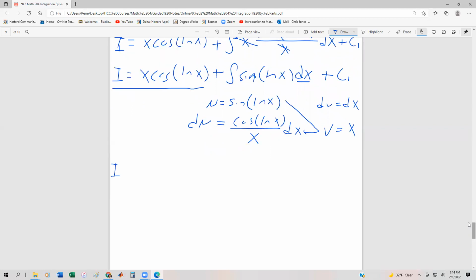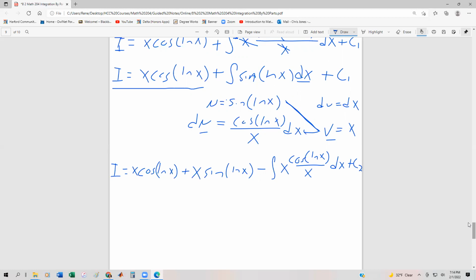So our integral I is going to be equal to x cos ln x. We have uv, which is going to be plus x sine ln x, minus the integral of v du. That's going to be x cos ln x over x dx, plus c2.